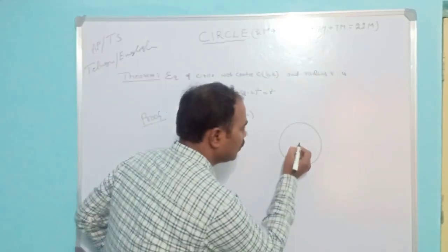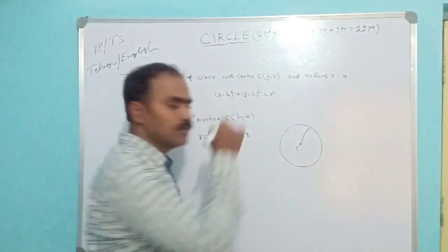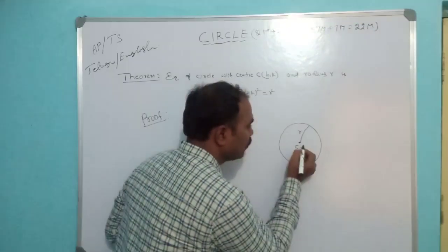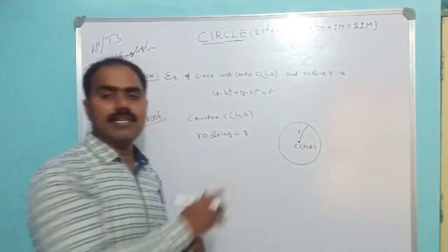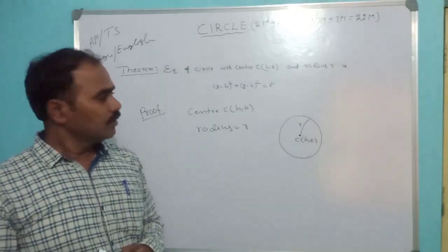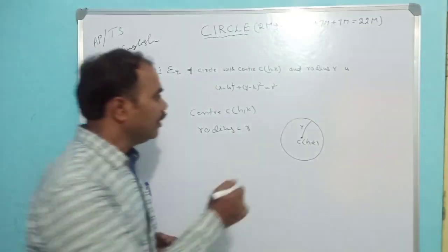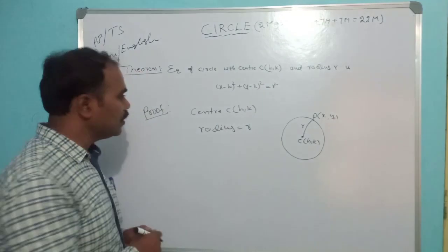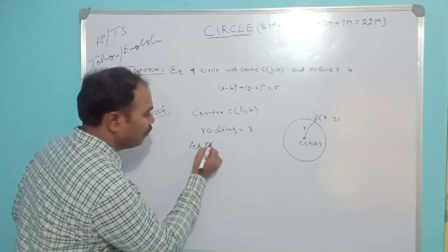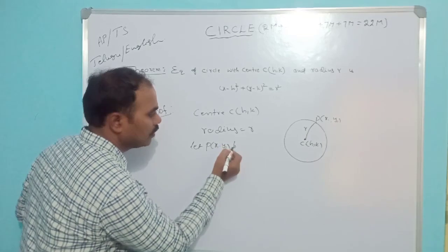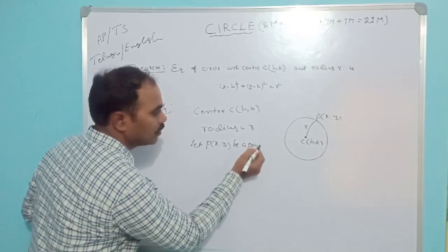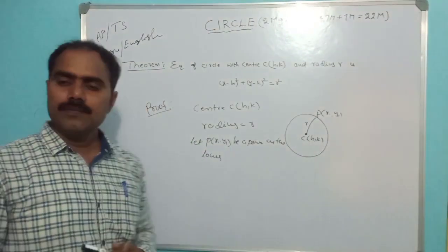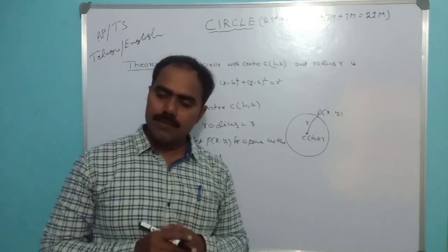That is nothing but, we have to find the locus of points which are at a distance r from the point C(h, k). Let us assume P(x1, y1) be any point on the locus, which is on the circumference of the circle.